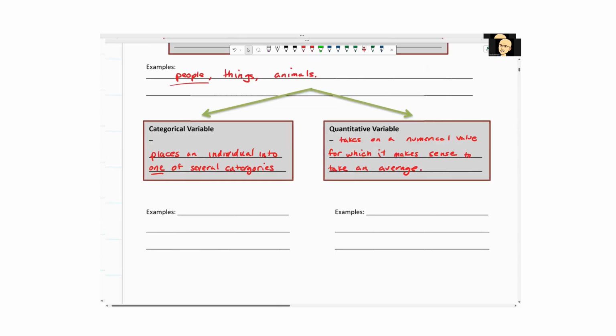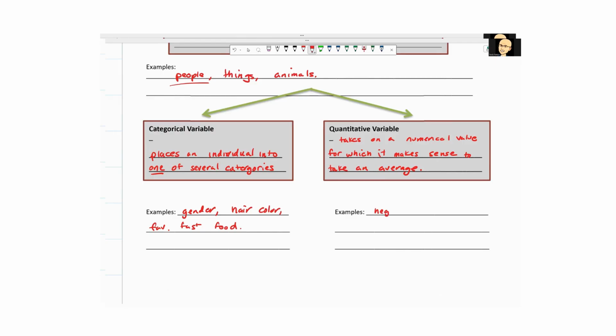So, what are some examples of categorical variables? Well, gender is one, hair color. How about your favorite fast food restaurant? Okay. What are some examples of quantitative variables?